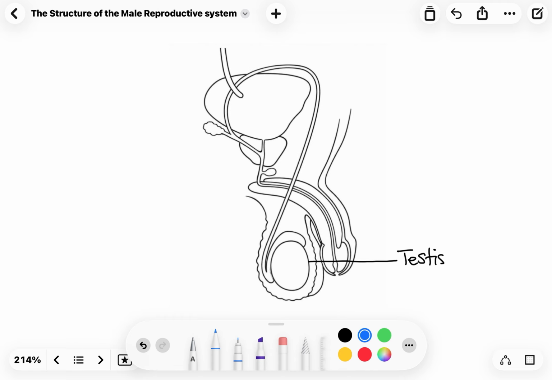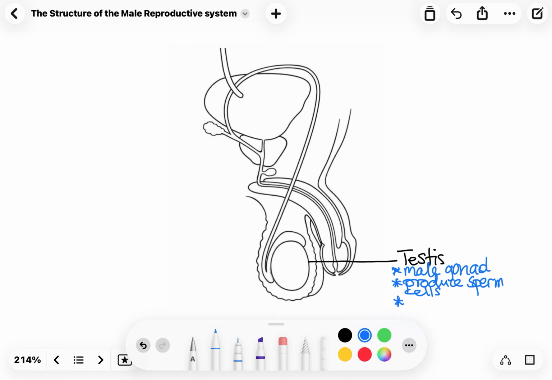We're going to start by acknowledging or highlighting that this is the male gonad. Remember, we also have female gonads. What does this male gonad do? It produces sperm cells. Or you can just say sperm. So here, let me just say sperm cells.